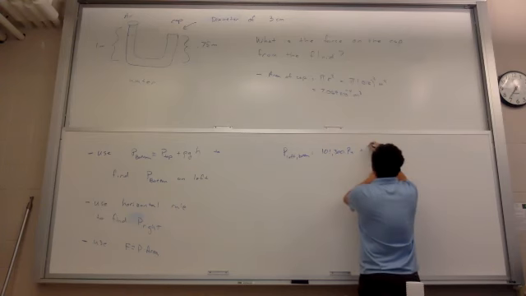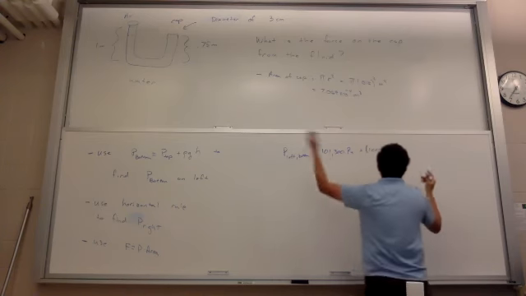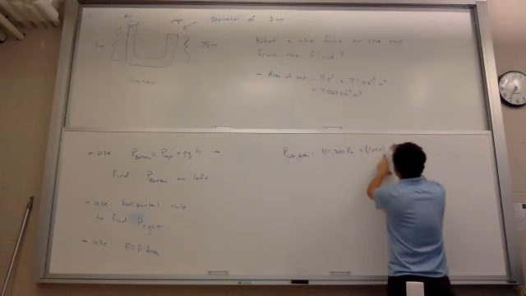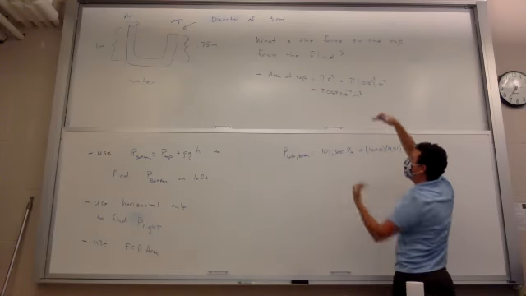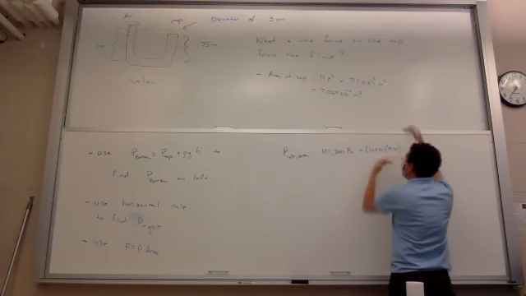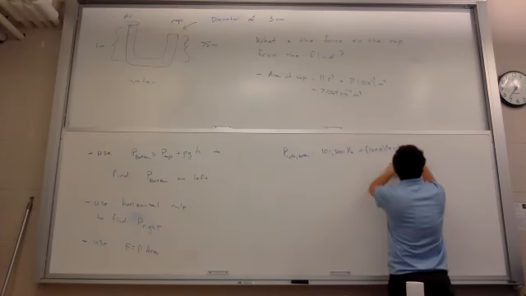I know the units are going to come out as Pascal because I just did it in the previous problem. So 1,000 times g times the height. The height of the column that we're focused on is not the whole meter. We only want the difference of the two heights, so we only want the 0.25 meters.